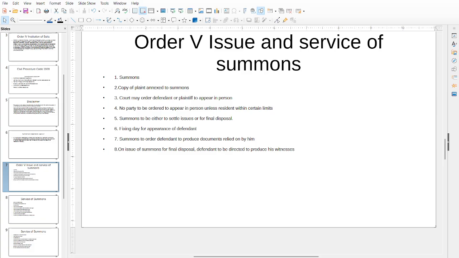That exact date will be given in the summons, so that on that particular day the defendant should come.